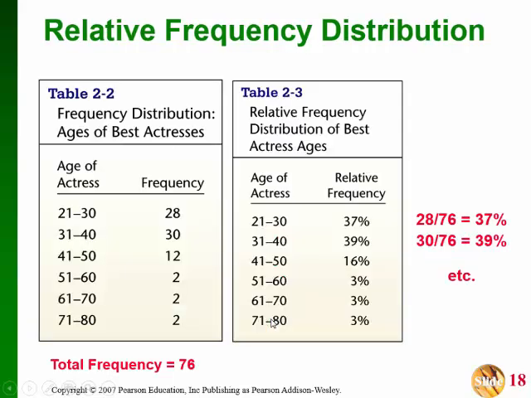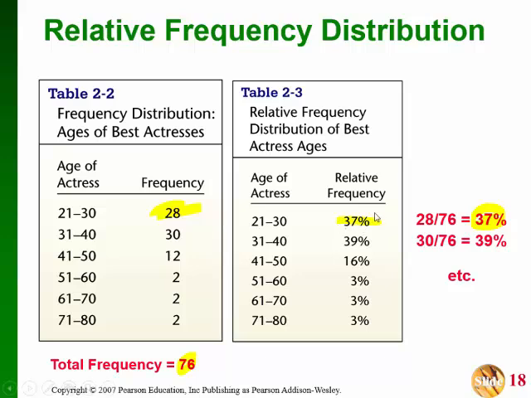Okay. So, in the example that they give, this is the relative frequency that we were working on. These are the ages of the actresses who've received Academy Awards over the years. What they did was they threw in the class frequency divided by the total number, and then they got the percentage.